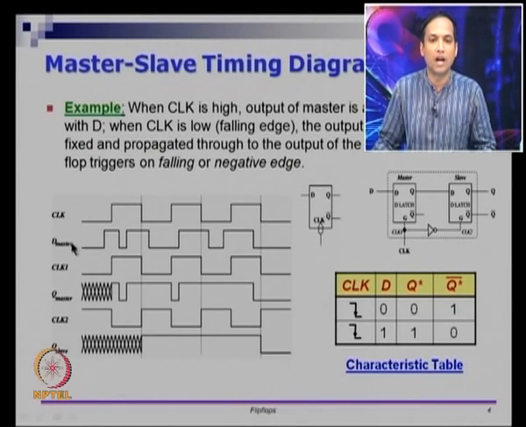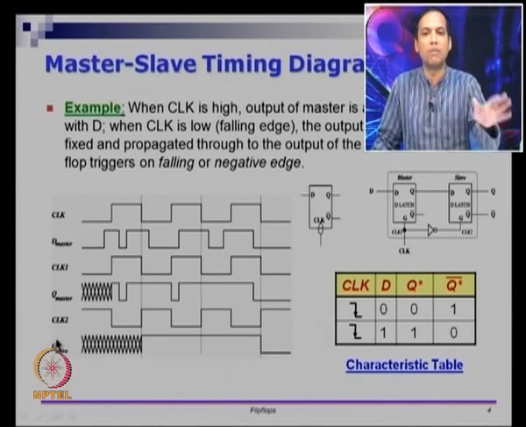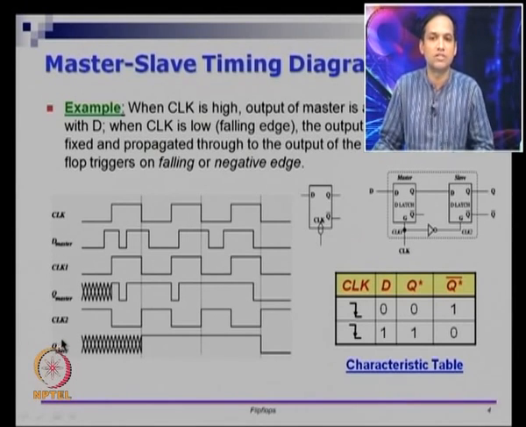Let us look at CLK as a signal. I am going to look at CLK, D master and Q slave, because those are the black box's inputs and outputs. When CLK is 1, the change in input will not go to Q slave. That is clear from the picture. When CLK goes off, what is the value of D?